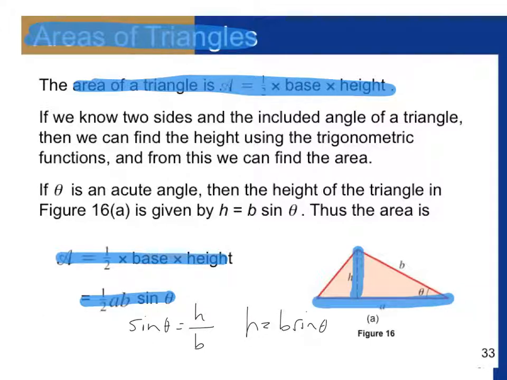So we can substitute it there for height. And that's how we get B sine of theta. And then A is just our base. So we have area is 1/2 A times B times sine of theta.